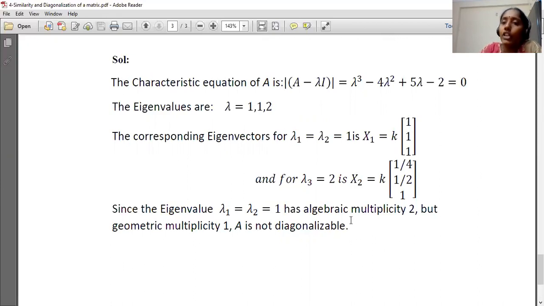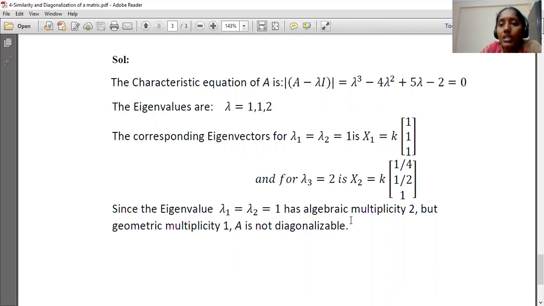That means here we need to observe one point. A matrix A is diagonalizable if the number of eigenvalues is equal to the number of eigenvectors. In case of repeated eigenvalues, only if the algebraic multiplicity is the same as the geometric multiplicity is the matrix diagonalizable.